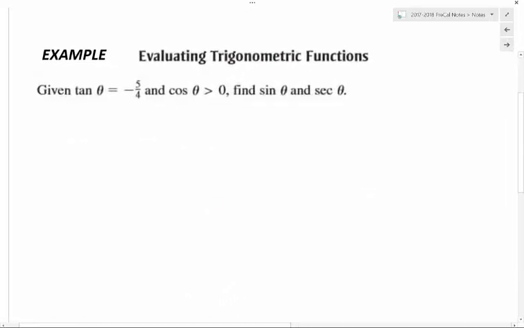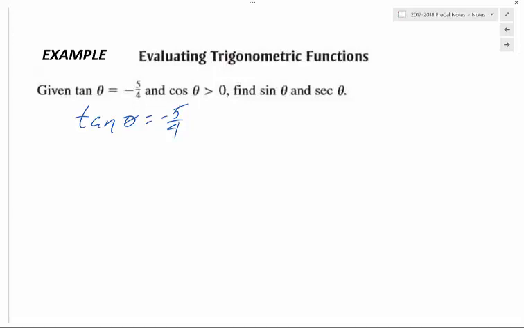So given that the tangent of theta is -5 over 4, and that the cosine of theta is greater than 0, find the sine of theta and the secant of theta. Well, the tangent of theta is -5 over 4. Remember, tangent is the same thing as slope.